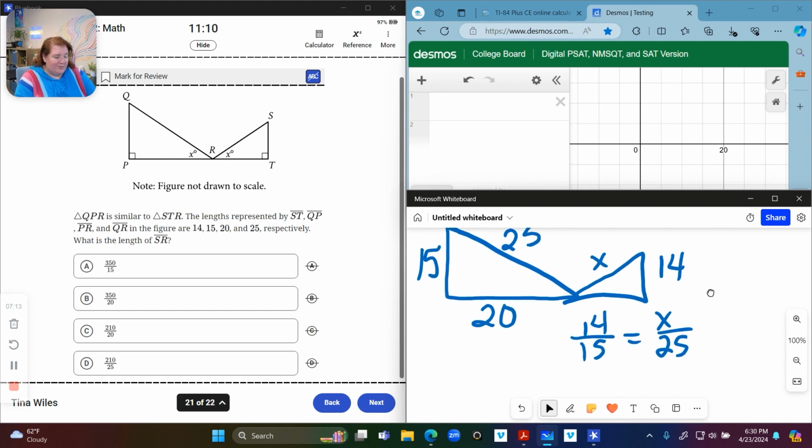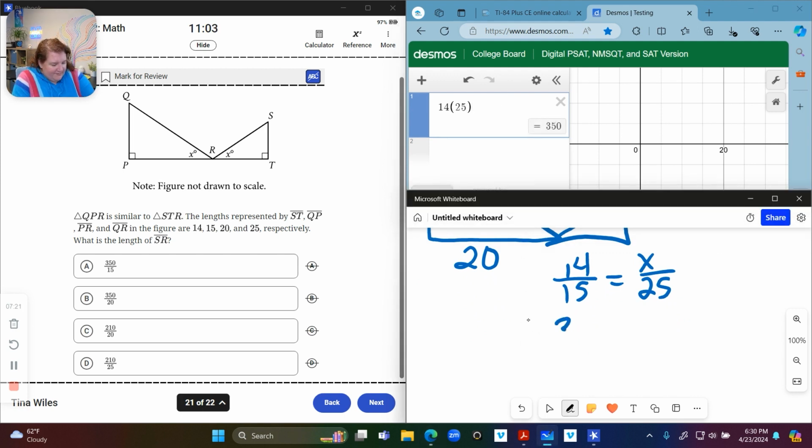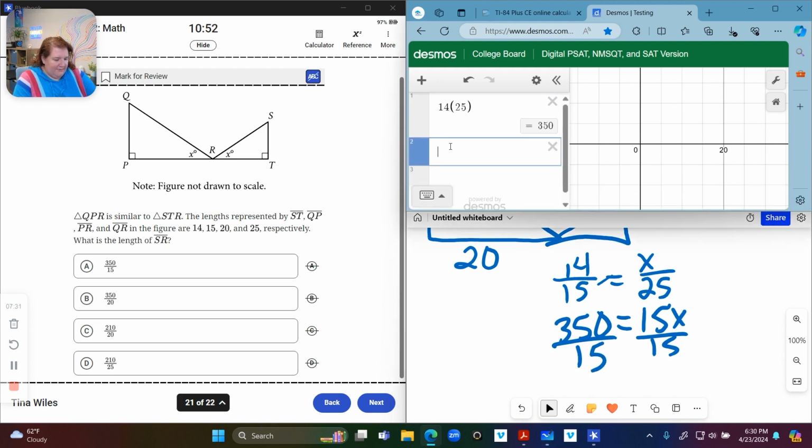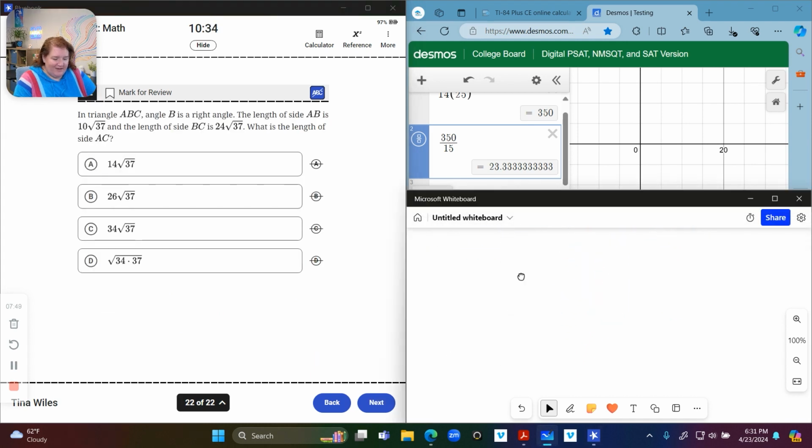So I'm going to cross multiply. 14 times 25 is 350. 15 times x, and then divide both sides by 15. 350 divided by 15 is 23.333. Oh, I have 350 over 15 as one of my options. So they didn't reduce it. That's very odd.